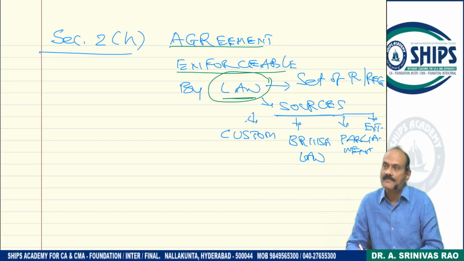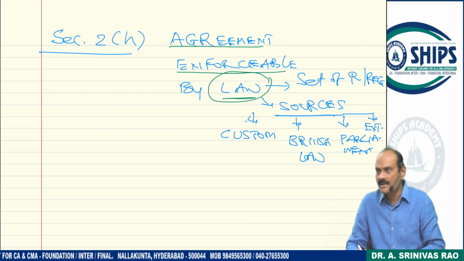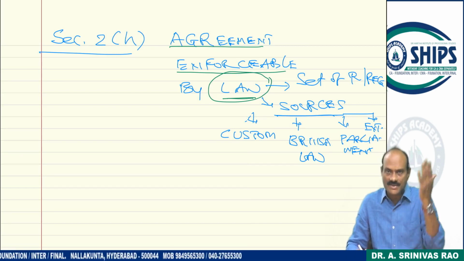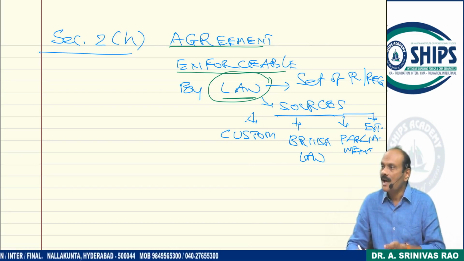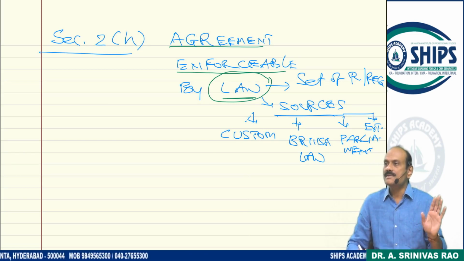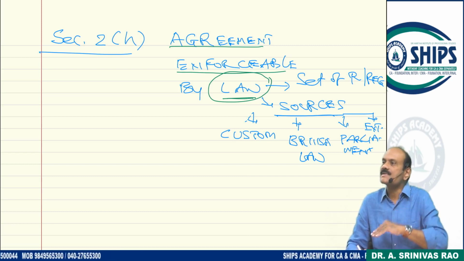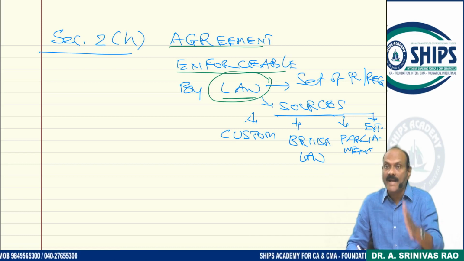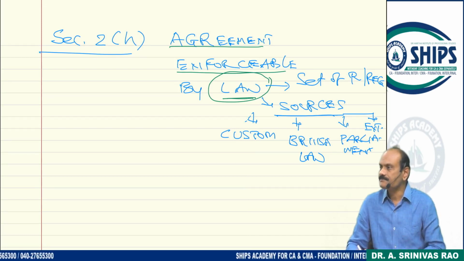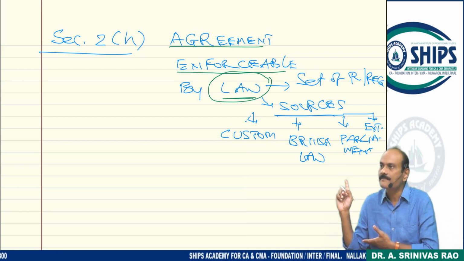Recently, the Home Minister presented new bills in Parliament to amend these British laws. After 76 years of independence, we still don't have our own codes. That was the impact of British law in India. Indian Contract Act 1872, British law.